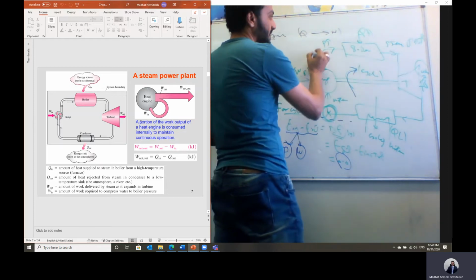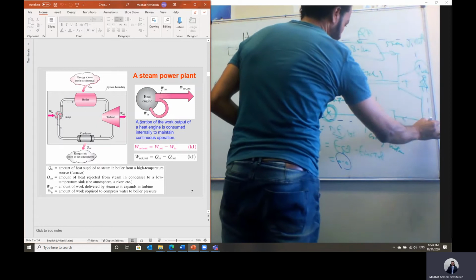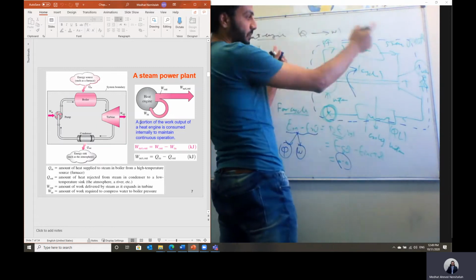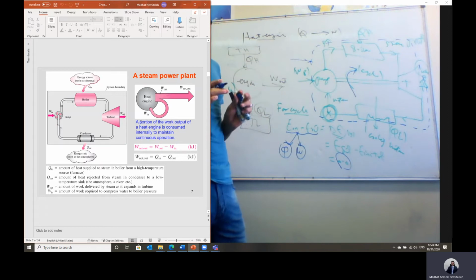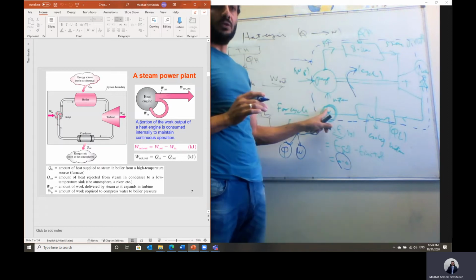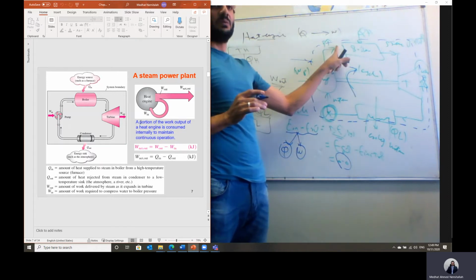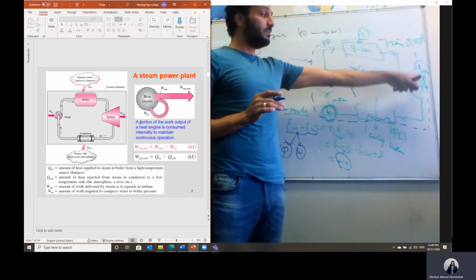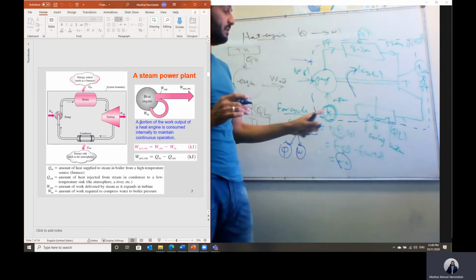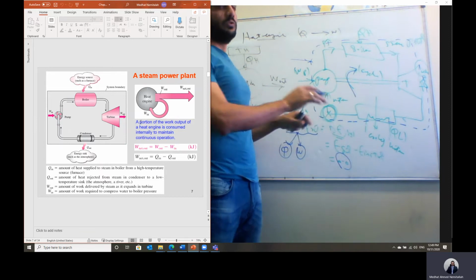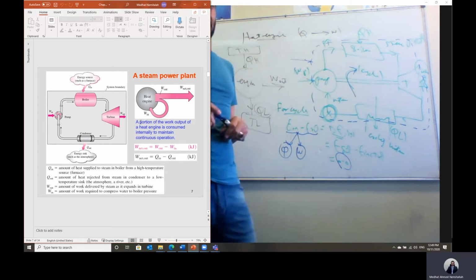We don't have any mass added or any mass leaving this system. It is the same amount of water. We just raise its pressure, convert it to steam, then we get a saturated mixture here, then we cool it down, and then we get back again. We don't have any mass transfer in this case.